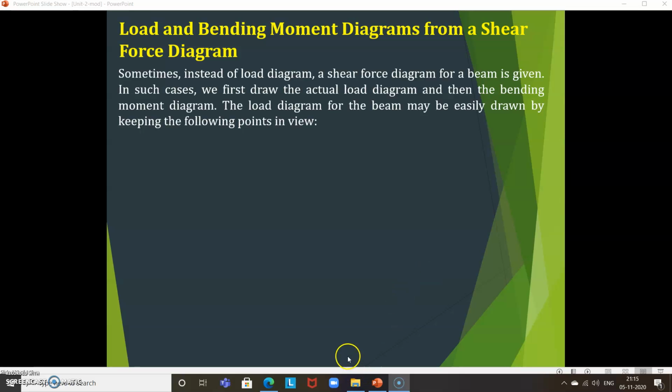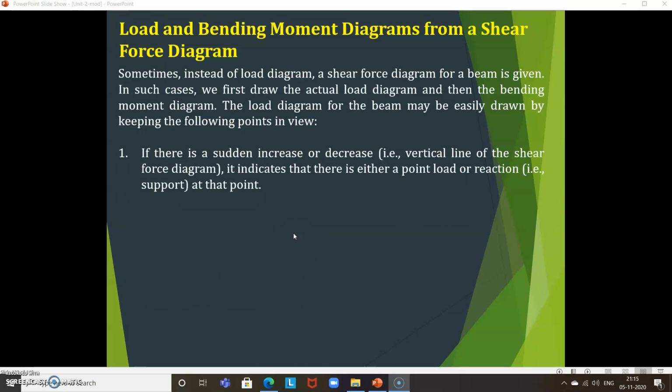The load diagram for the beam may be easily drawn by keeping the following points in view. So there are some tips on how to draw the loading diagram from the shear force diagram.